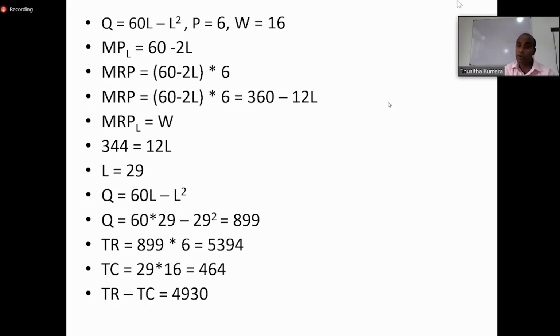So when you have free time, you can change some of the variables. You can increase the wage and see what will happen to the profit and what will happen to the number of labor units that we should employ. Or you can change the price. When you change the price, check what will happen to your output level and the profit and so on. Right? So do that when you have free time.